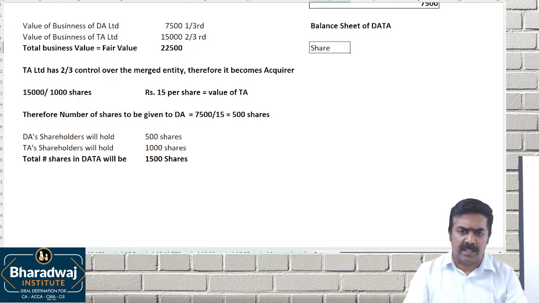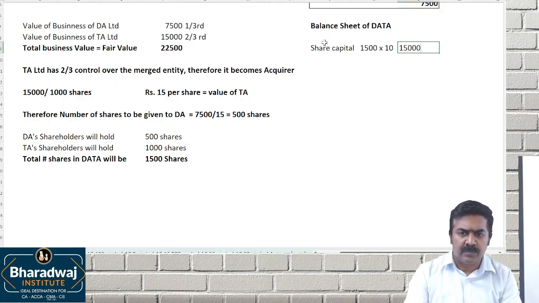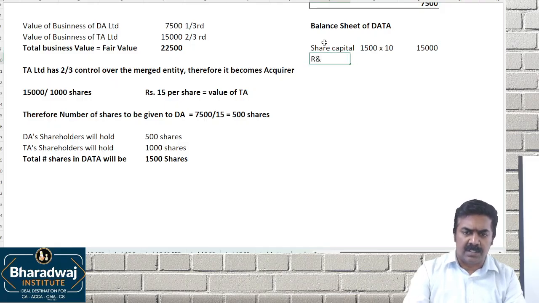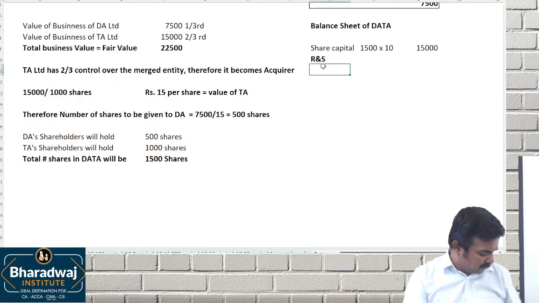What will be the share capital? 1,500 into what? 1,500 into 10, 15,000. Reserves and surplus, you can call it as other equity.